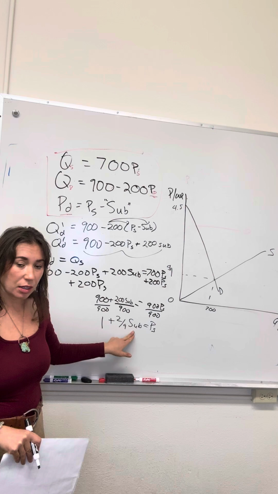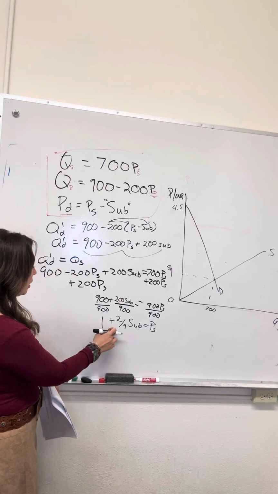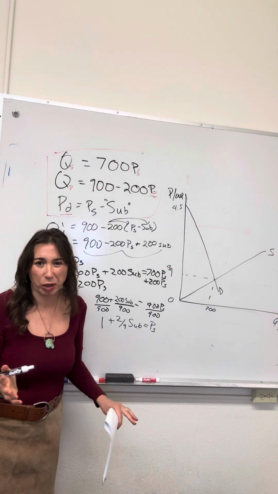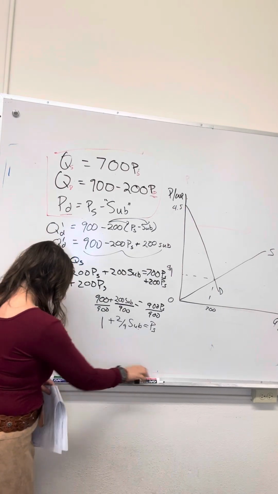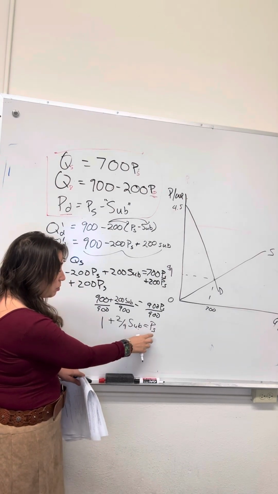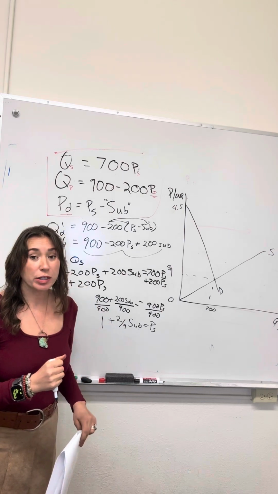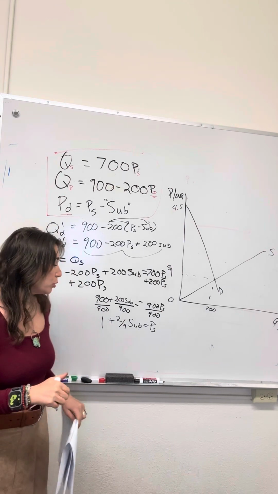Now, you could take this and plug it back in for PS in the wedge equation, or you could use your brain. So let's use economic intuition. The economics tells us that for a subsidy, the price suppliers receive goes up, but the price consumers pay, as you know from functioning in the real world, goes down.